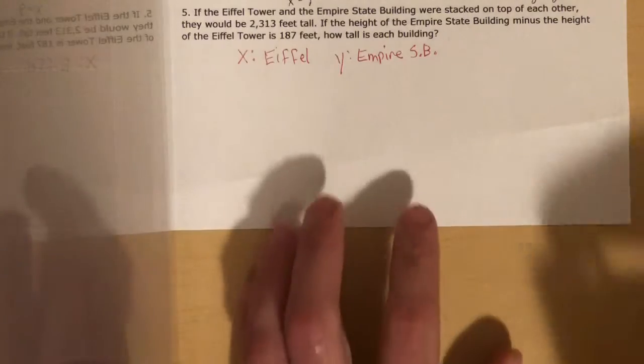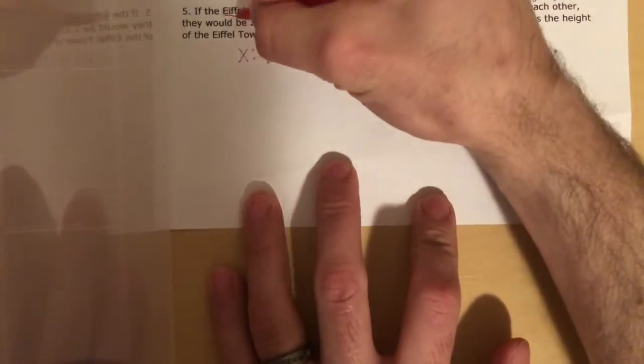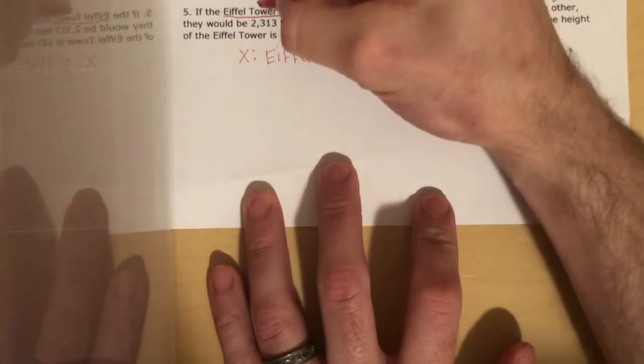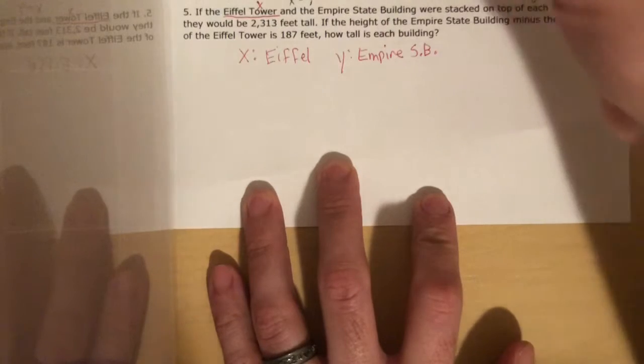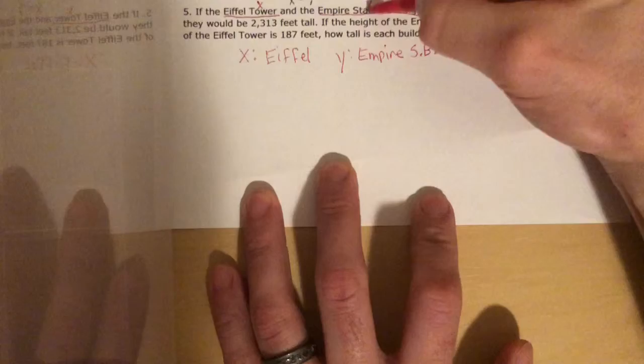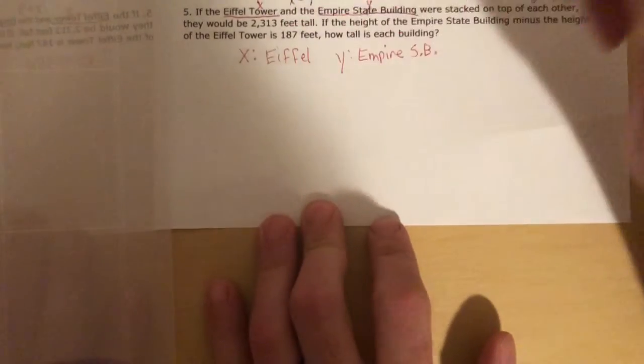So let's go back to the first sentence. So the Eiffel Tower, which we said was x, I'm writing x above it, and the Empire State Building, y, were stacked on top of each other. They would be 2,313 feet.